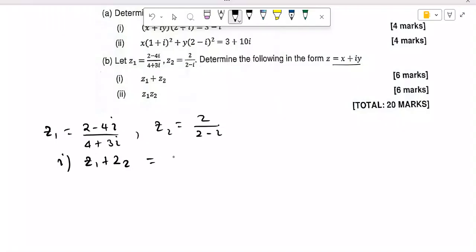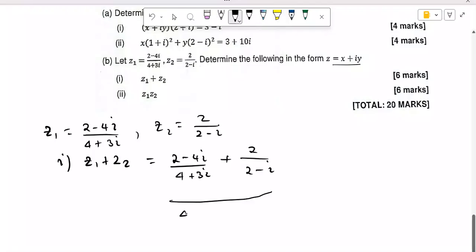So z1 is this, so you say (2 minus 4i) over (4 plus 3i), plus this 2 over (2 minus i). So the common denominator here is this and this, so you say (4 plus 3i) and this (2 minus i).